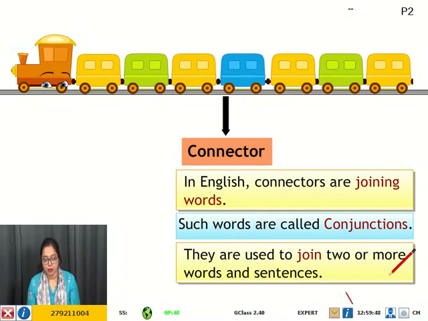In English, connectors are joining words. Such words are called conjunctions. So what are they used to do? They are used to join two or more words or sentences.